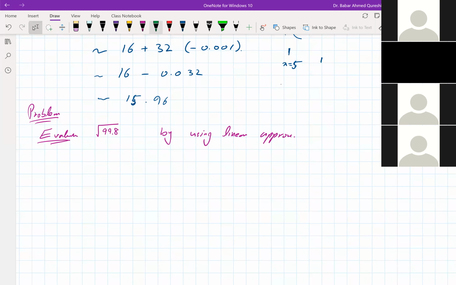Now again, I know that I can very easily compute the square root of 100. This is 10. This will be hard if I want the exact answer, a very complicated procedure to find it. So instead, I consider this function. I'm evaluating this function and need this value.